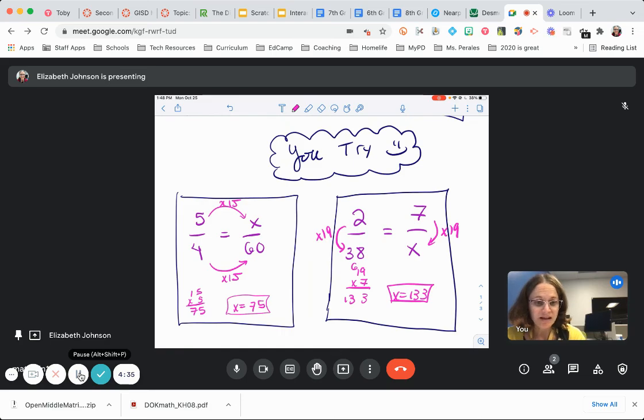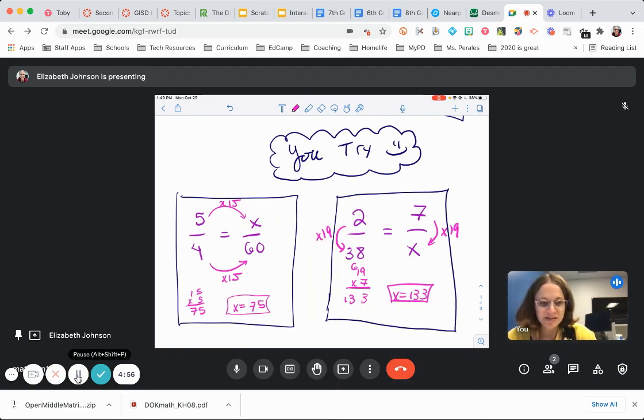So multiplying 7 by 19 gave me 133. X must be 133. In other words, 2 over 38 is the same as 7 over 133. And we got that by multiplying our numerators by 19 to get our denominators.